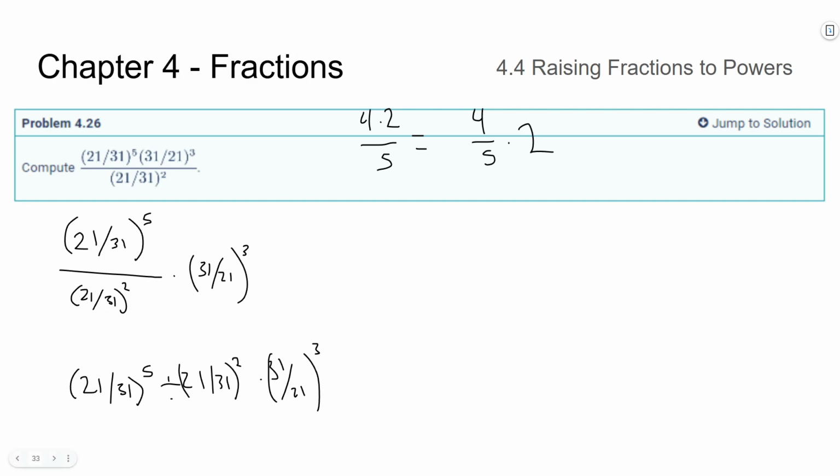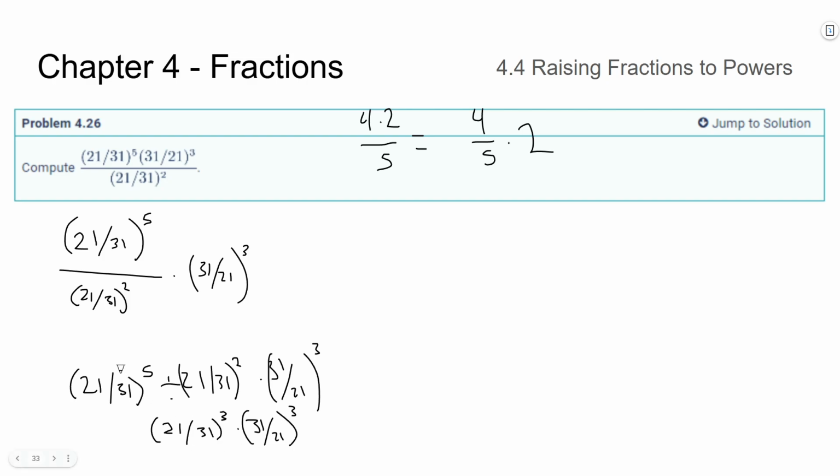If you remember back from chapter 2, if we are dividing powers with the same base, we have 21 over 31, 21 over 31, they have the same base, so we can subtract these exponents. So then we're left with (21 over 31) to the power 5 minus 2, that's 3, times (31 over 21) cubed.